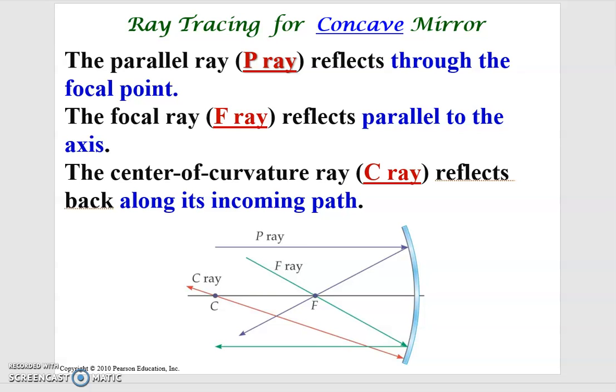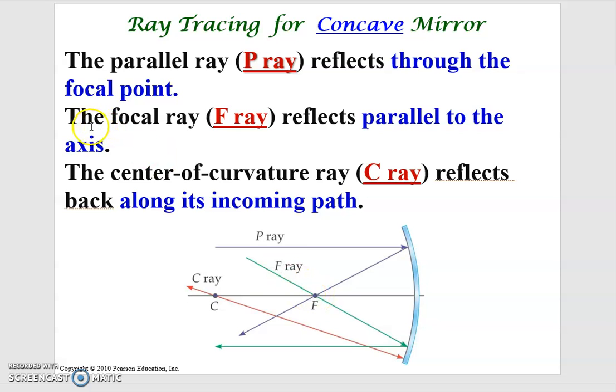Now, what do I mean by ray tracing? So let's study ray tracing for the concave mirror. We just give particular names to the procedure I just described. The incoming light ray which is parallel to the axis is the so-called P ray, and all the P rays reflect through the focal point, which means all the reflected light of the P ray passes through F, the focal point.